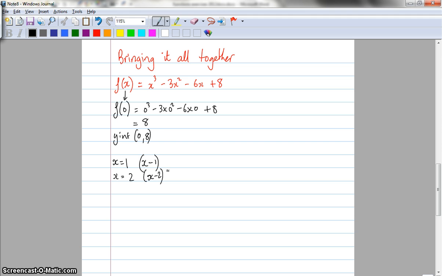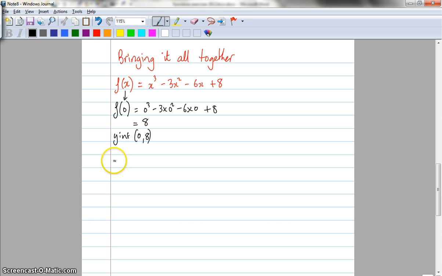So I'm going to try the simplest number, x equals 1. If that doesn't work, I'm going to try x equals negative 1, then x equals 2, and then I get a bit panicky and start to think of numbers that go into this final number up here, the plus 8. But let's just start from the beginning.